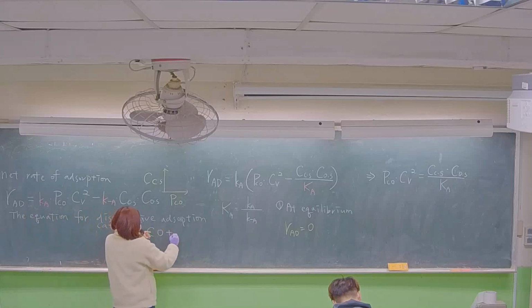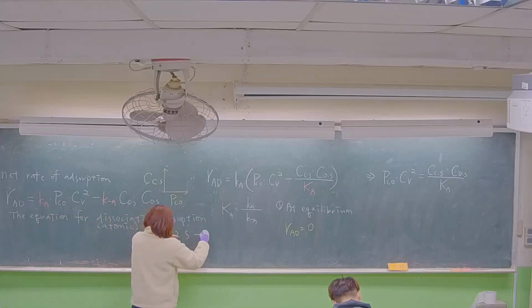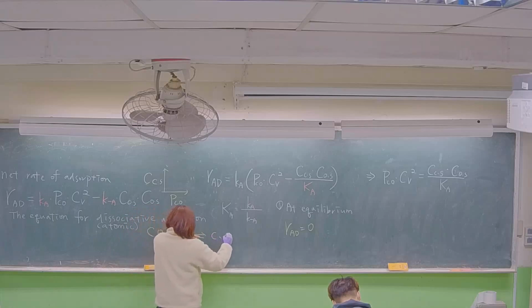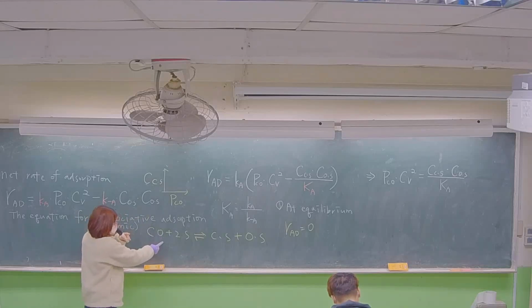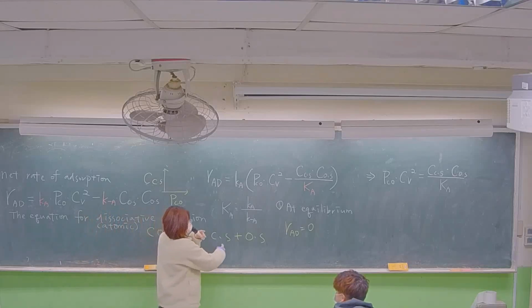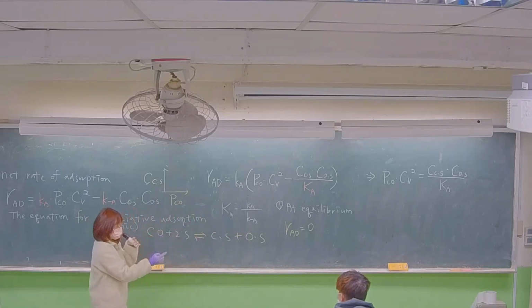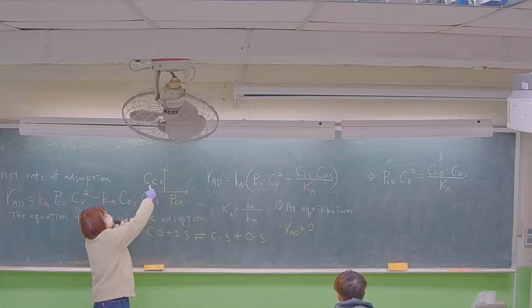Originally, we got this one, right? It is the chemical reaction at the beginning. So we have CO. So the amount of CS and OS is the same. So you can draw this one or you can draw this one.